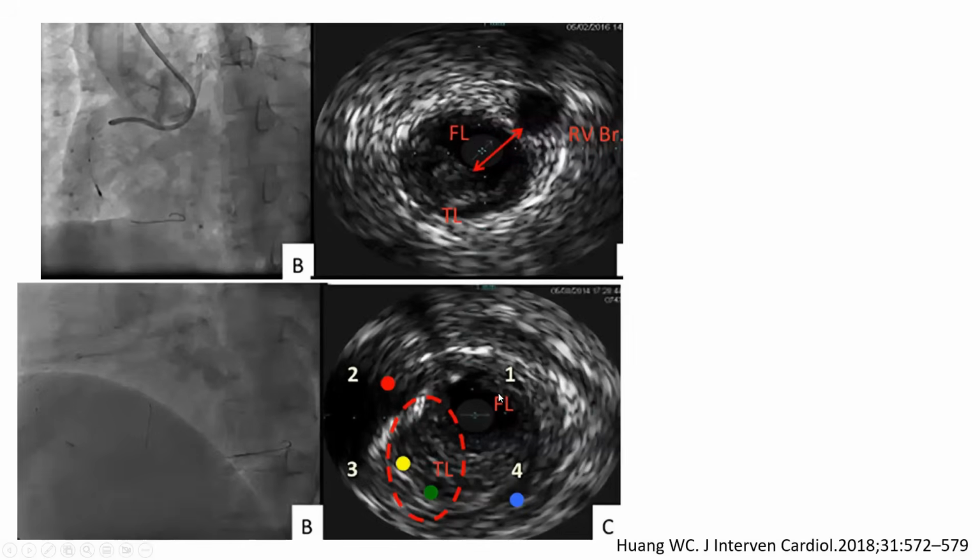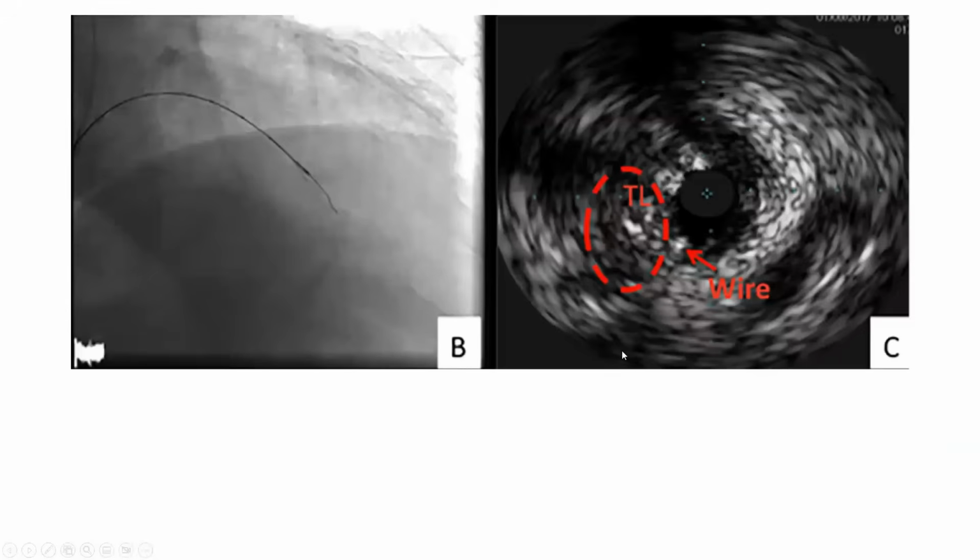This is another case here. Again, the false lumen is that dark black one. It could be crescent shaped, or it could be round or more circumferentially shaped. And it's compressing the true lumen, the white intima atheroma. That's how you know you're in the false lumen. That black one is the false lumen. The compressed atheroma is the true lumen.